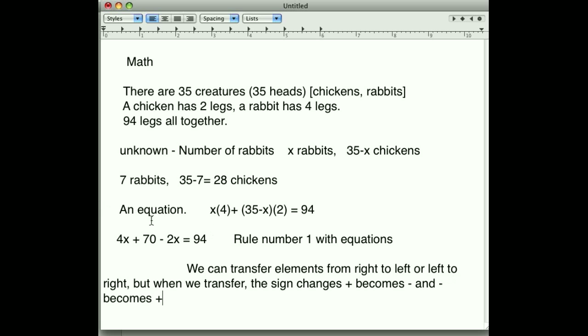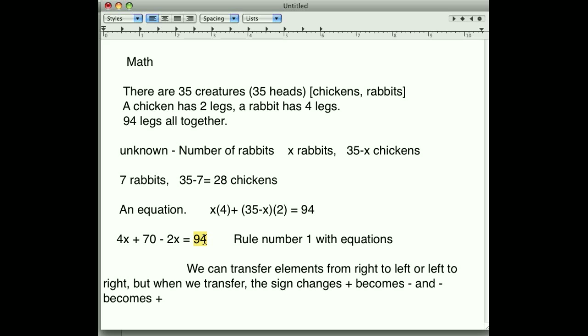So what does it mean? If we take the element 70, our goal is to isolate X here and numbers here. Here we see that we have 4X, minus 2X, and we have 70, and here we have 94.